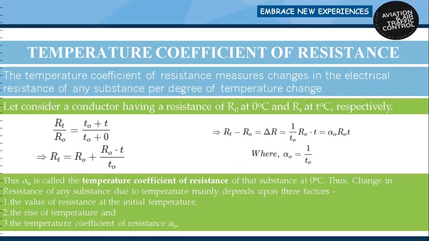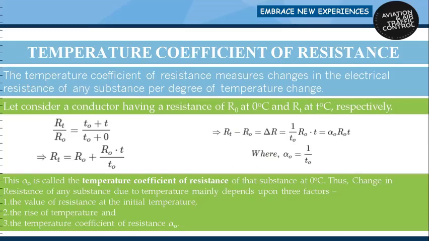Let's consider a conductor having a resistance of R0 at 0 degrees centigrade and RT at T degrees centigrade respectively. If we take the ratio which we have taken earlier, RT divided by R0 equals T0 plus T divided by T0 plus 0 degrees Celsius.